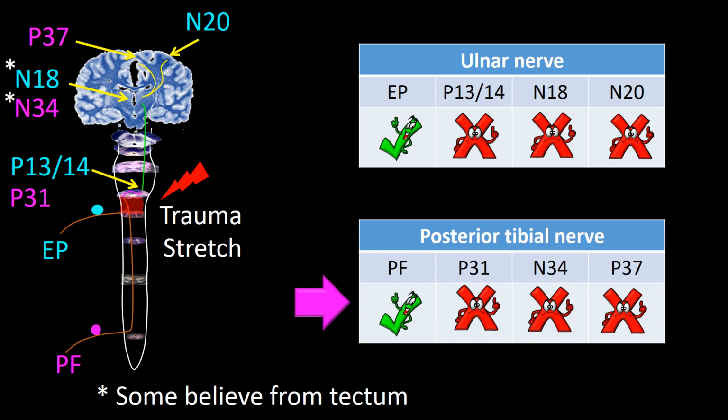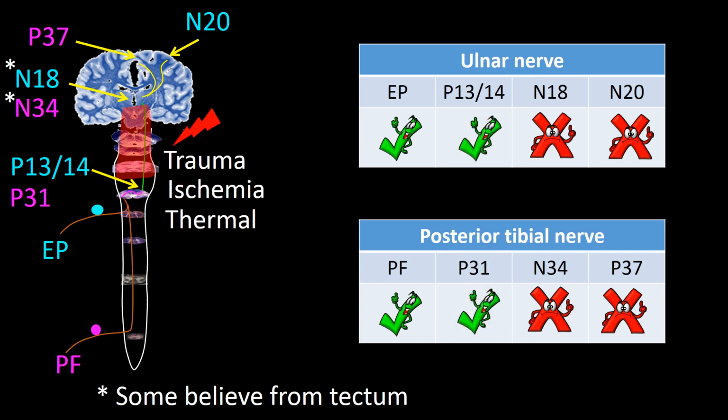Lower extremity somatosensory evoked potential will show a popliteal fossa potential to be present, and all other potentials from the lower extremity somatosensory evoked potential will be absent or significantly decreased. If in this case the lumbar potential is being recorded, this potential will be present.